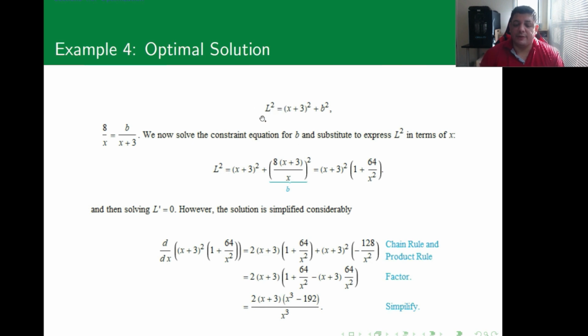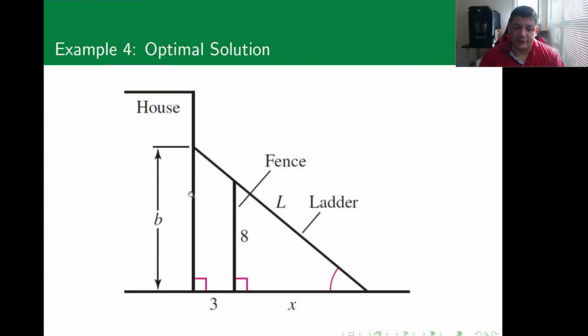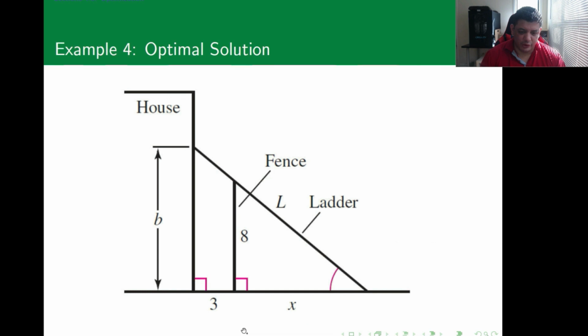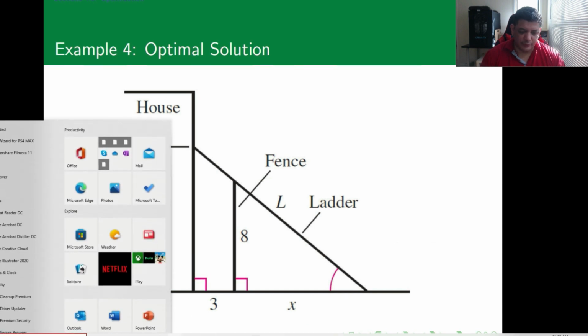Now, this is just a function for the length of the ladder. Next, we can use the similarity between triangles. Notice that B is to 8 as 3 plus X is to X, and so we get this relationship between the two triangles. Let me show you that in a little more detail.